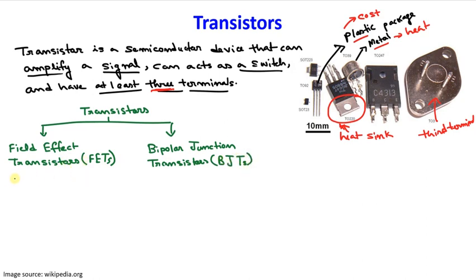Examples of different types of FETs are MOSFETs, which stands for metal oxide semiconductor field effect transistors, JFET, junction field effect transistor, or HEMT, high electron mobility transistor. These are the examples of field effect transistors.